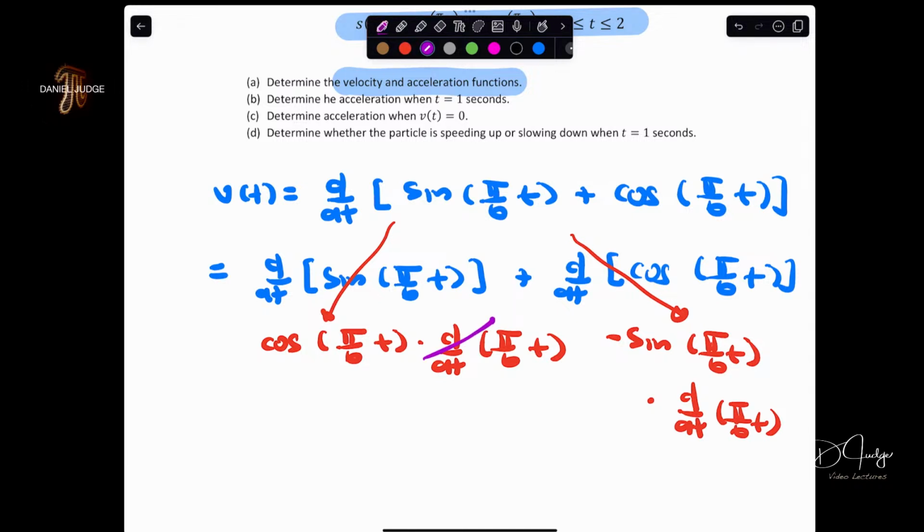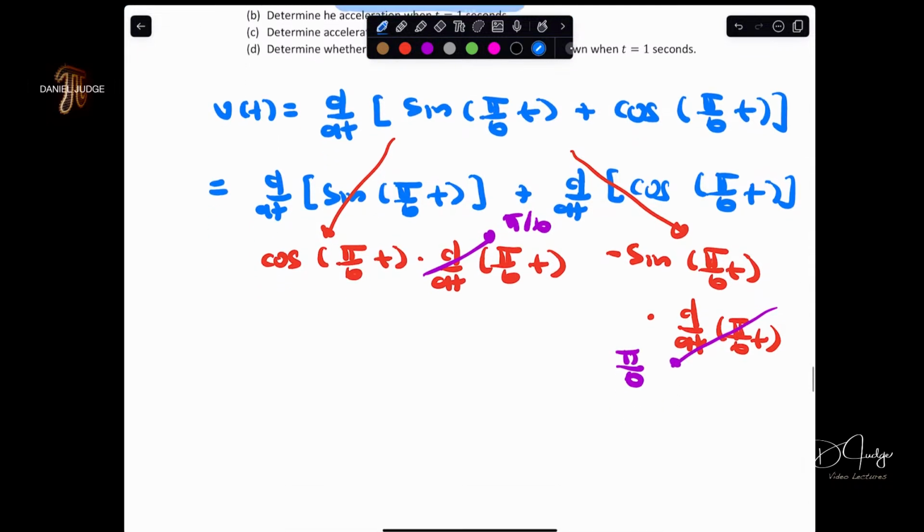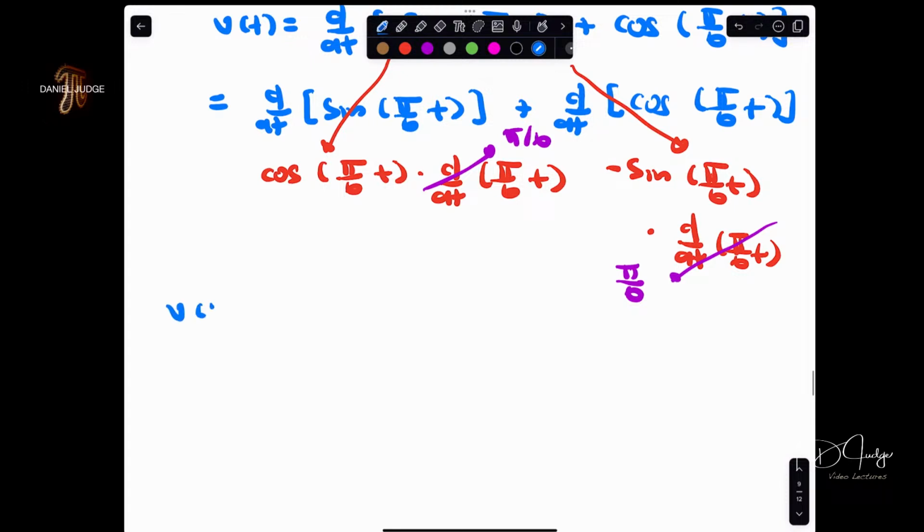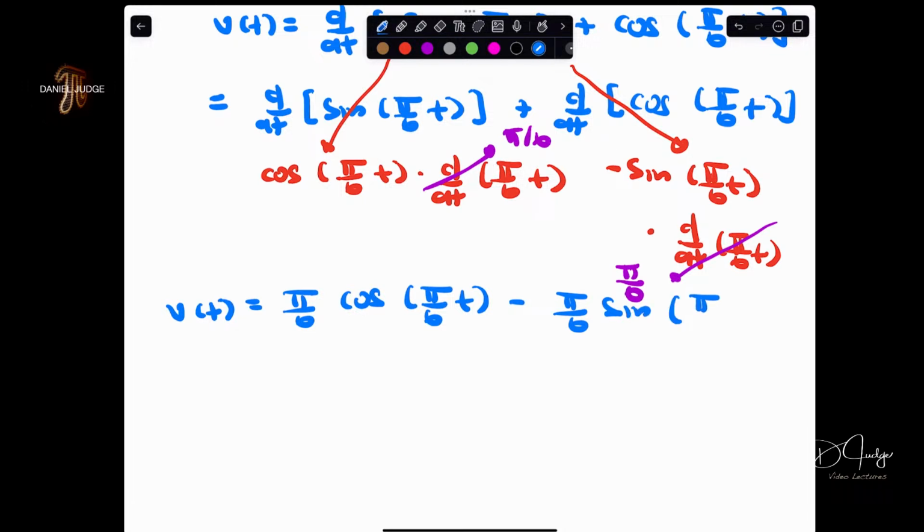So this is chain rule, and we get pi over 6 for the chain. So here we go. Your velocity function is pi over 6 cosine pi over 6t minus pi over 6 sine pi over 6t. So there's your velocity function. This is what they want.